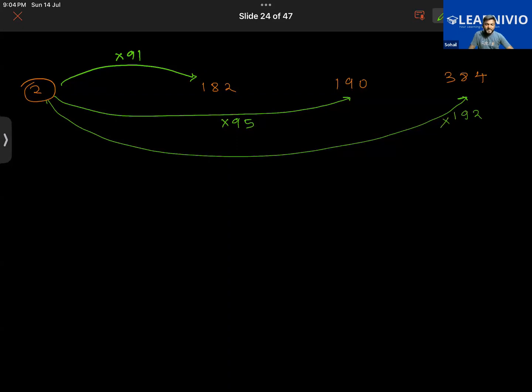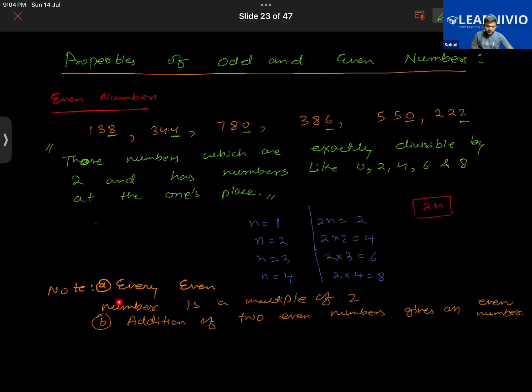So 2 times 192 equals 384. So that verifies the first property of even numbers, which I told you, that it's a multiple of 2. And in the definition, we have learned that all even numbers have digits like 0, 2, 4, 6, and 8 at their ones place. That is the first thing which we learned in the definition itself.